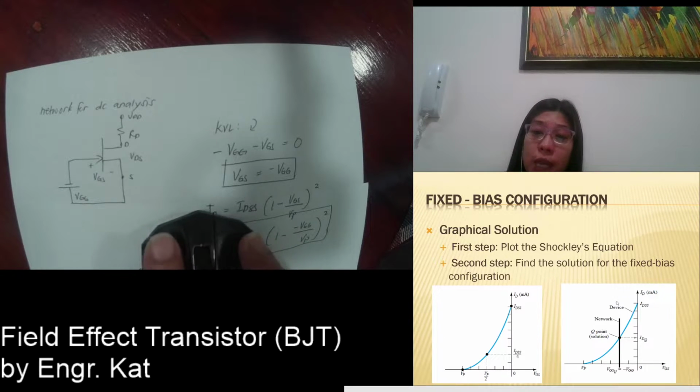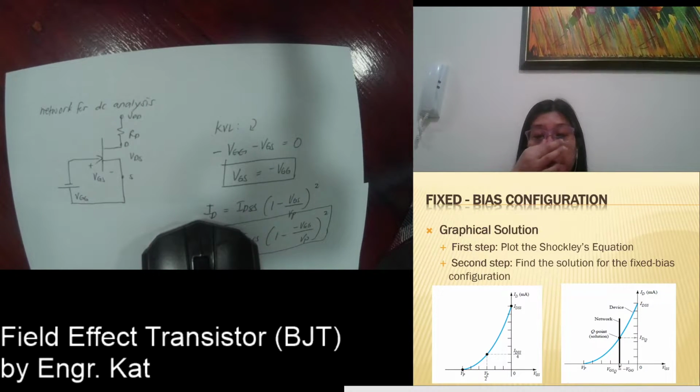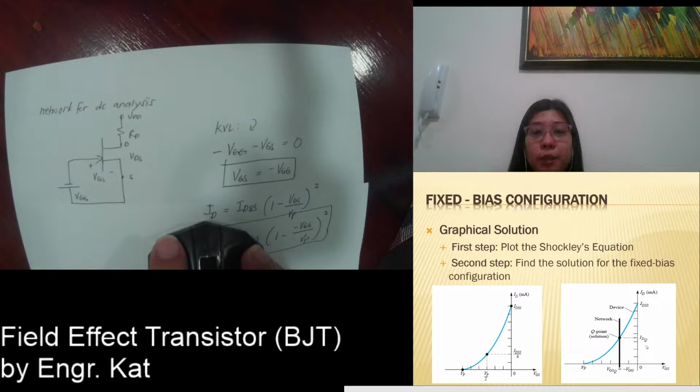The intersection of your curve and your network defines your Q point. So your Q point determines your ID, which is your drain current, functioning at your VGSQ, which is your gate to source voltage. The intersection of the device and the network specifies the value of your ID and your VGSQ.